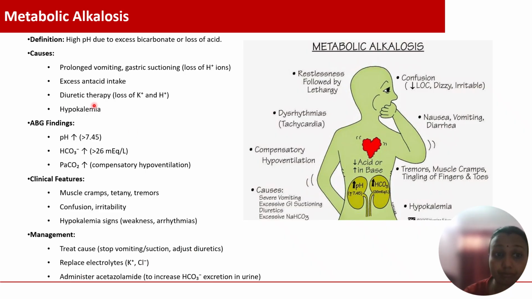If hypokalemia is the reason, if the decreasing potassium is the reason, we need to replace the potassium. At that time we can relieve these symptoms. And administer acetazolamide to increase HCO3 excretion in urine. Okay, we can use acetazolamide to increase bicarbonate excretion through the urine itself.